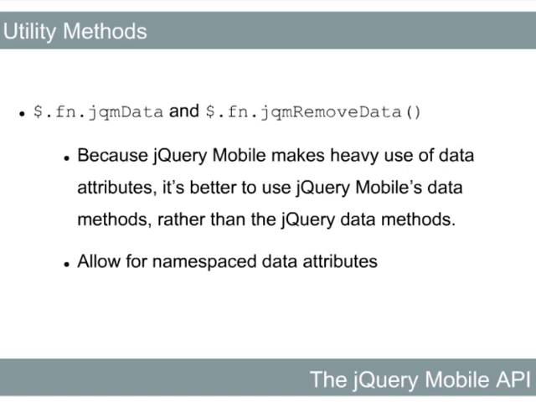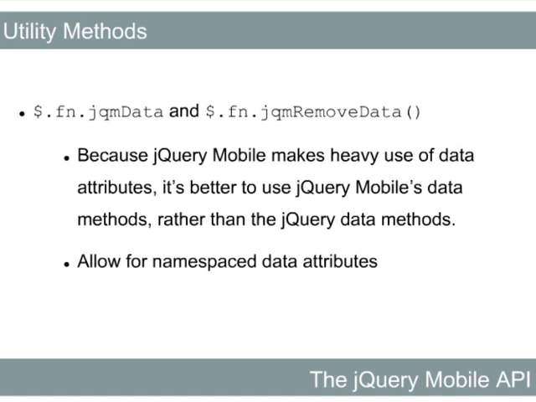You want to use the jQuery Mobile data methods, mostly because that way you'll be in a position to support namespaced data attributes. Even if you're not namespacing your data attributes, this is a good habit to get into. These are the methods that the framework provides to access that feature. And if you're going to be using the framework, you should go ahead and use these, even though it's a little bit different.